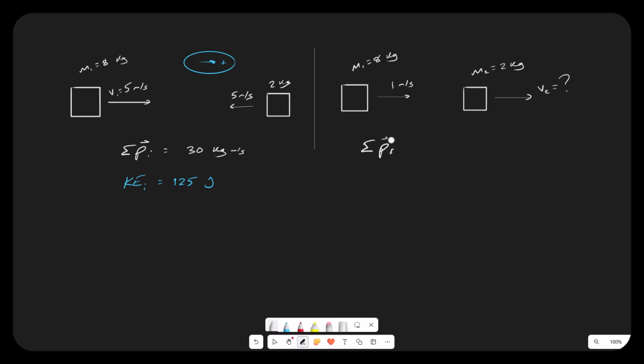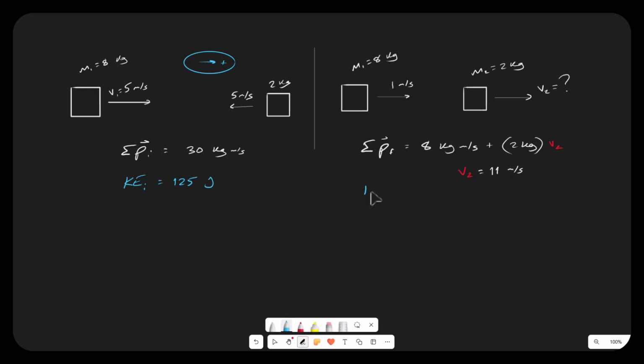My final momentum is going to be 8 times 1, that's 8 kilogram meters per second, plus 2 kilograms times V2. So 30 minus 8 is 22, 22 equals 2 times V2, V2 is 11 meters per second.